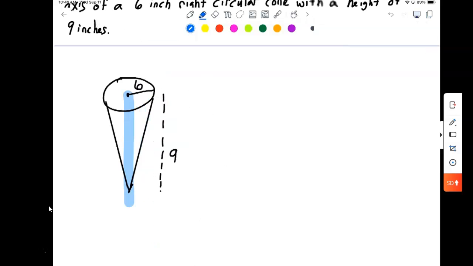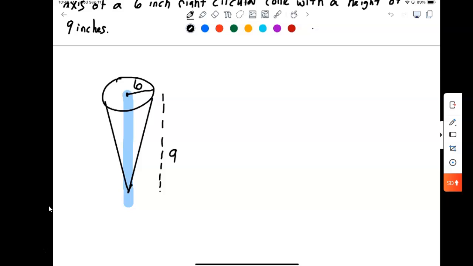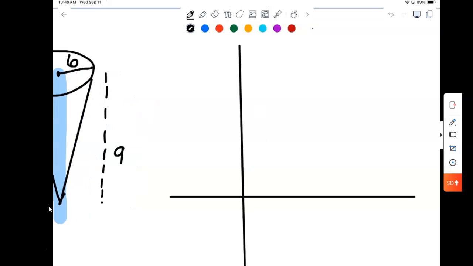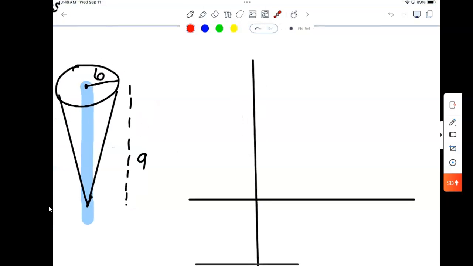So that's our cone. The first thing we have to figure out before we can deal with drilling a hole through the cone is, how would we generate a cone? To generate a cone, we simply take a straight line starting at the origin that deals with the dimensions 6 and 9.